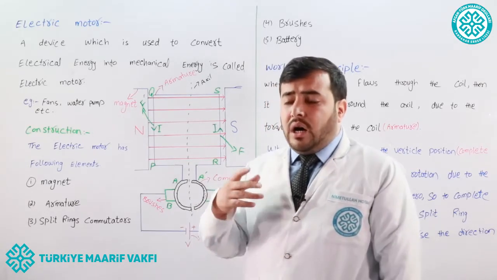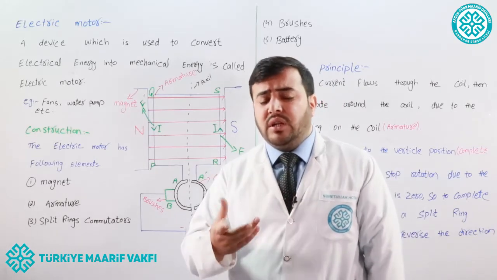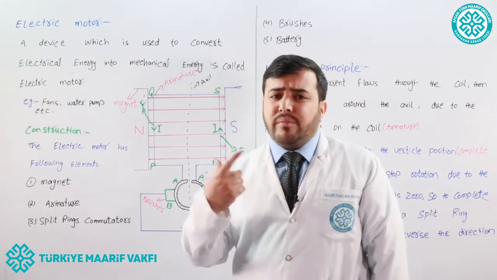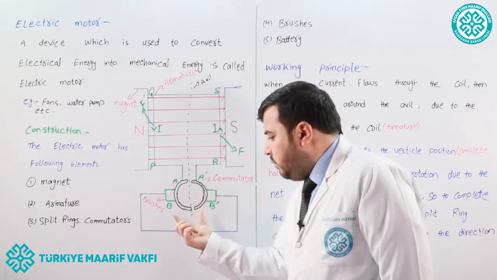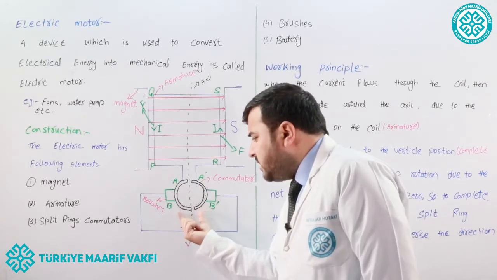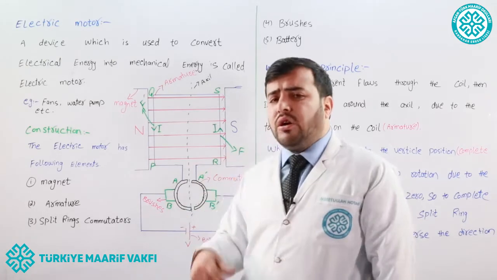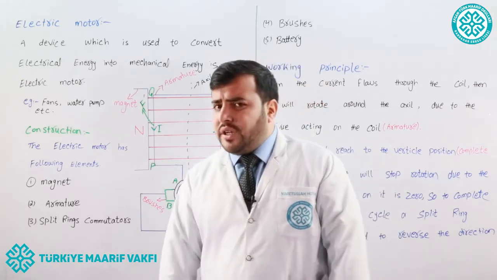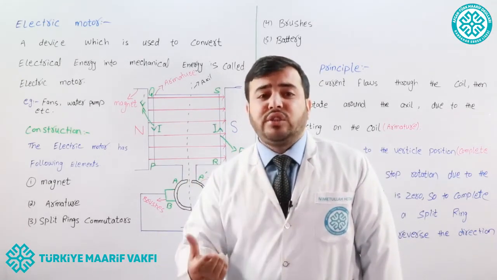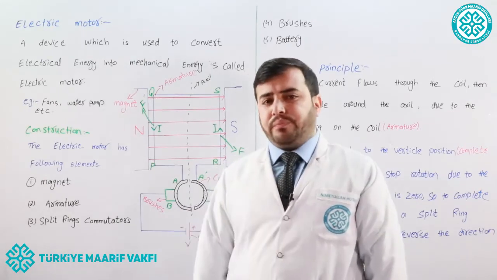Now how can the remaining half cycle be completed? That's why, for this problem, we use commutators, or split ring commutators. Now look here at how these commutators will reverse the direction of the current.